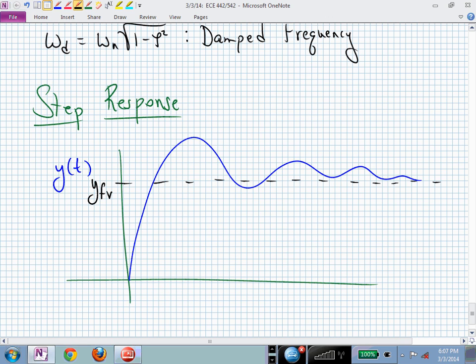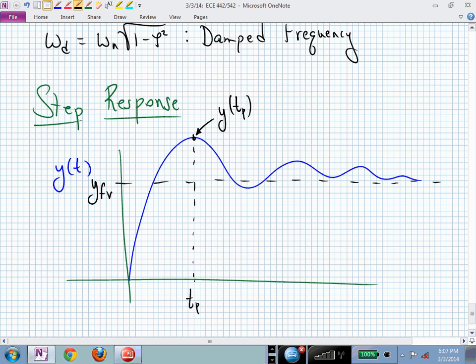We may have some gain in the system, and so we might have a non-unity final value. This is where our response peaks, so we'll call that the time to peak, or the peak time, T sub p. That's the value of the response at that peak time.